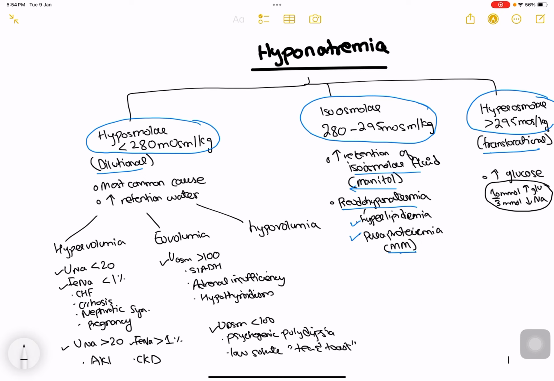Okay, and then let's say hypovolemia means urinary sodium of more than 20. Diuretics like thiazide diuretics.